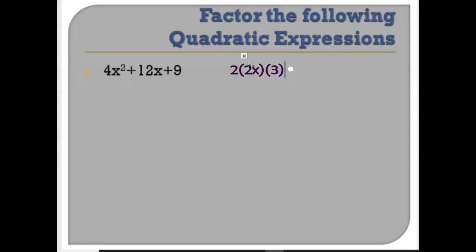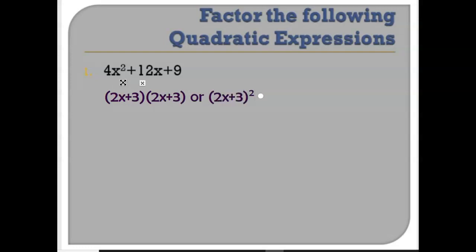So 2 times 2 is 4, 4 times 3 is 12, 12 times x is 12x. So it fits our requirement. So that means this factors as quantity 2x plus 3 times quantity 2x plus 3, or 2x plus 3 squared.